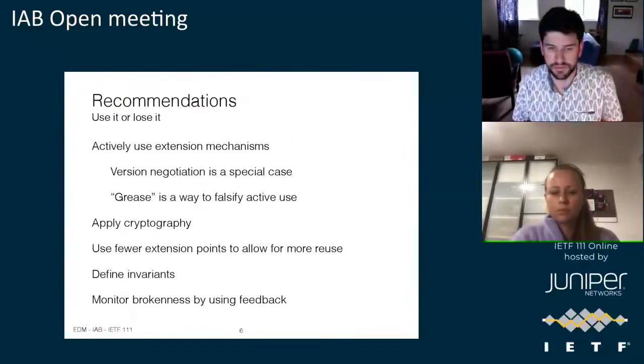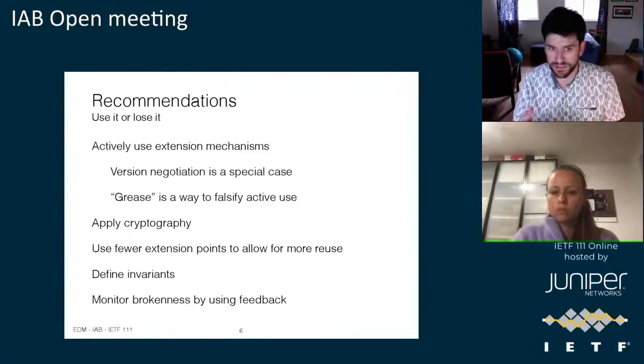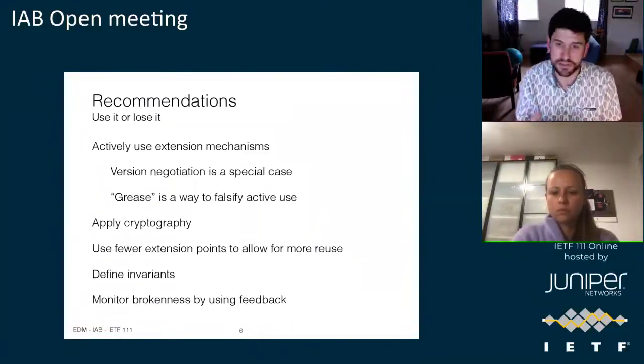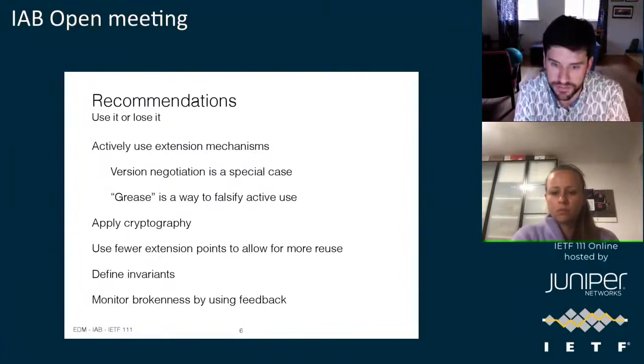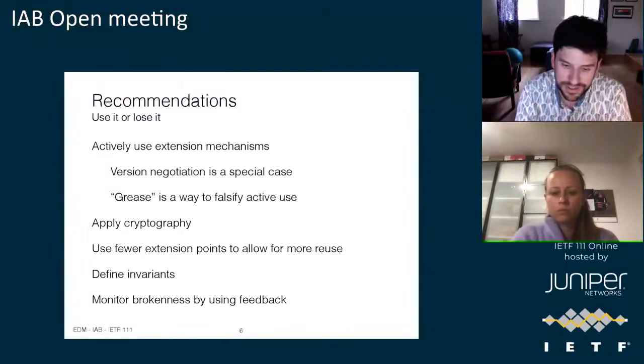Essentially, the document ends with some observations and recommendations, primarily that active use is the biggest thing to guarantee extensibility, highlights that version negotiation is an interesting special case, and that techniques like grease, or greasing a protocol, is a way to get some of the benefits, but not all of them, by falsifying active use. So if you're not actively deploying new features, you can at least get some of the benefits.